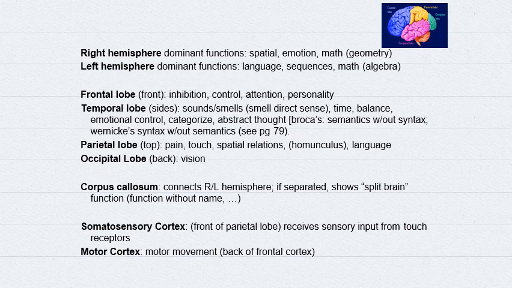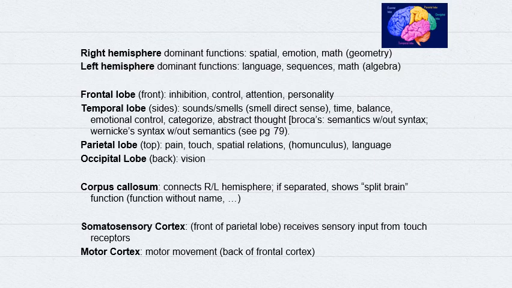There are still specific areas. Frontal lobe: inhibition, control, attention, personality. Temporal lobe: sound, smell, time, balance, emotional control, categorizing abstract thoughts. We include here Broca's area: semantics without syntax. This is where the specific parts regarding language acquisition are.